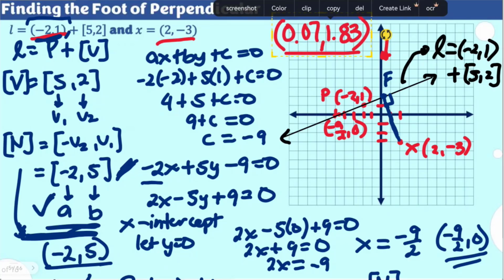So 0.07, take note it's not yet 1, and it's really closer to our y-axis, so it's closer to 0, that's correct. And 1.83, so probably the only problem with my graph is it looks like it reaches 2, but it's somewhere here, so it doesn't reach 2, and 1.83 is close to that. Now, this is now the foot of the perpendicular.